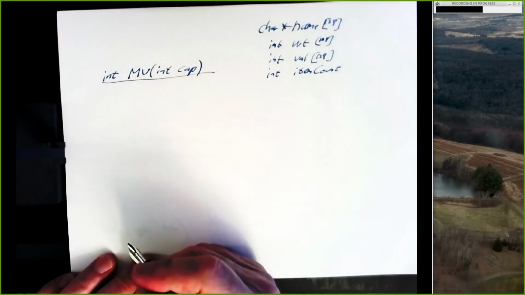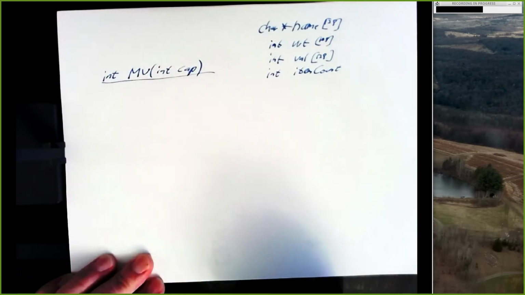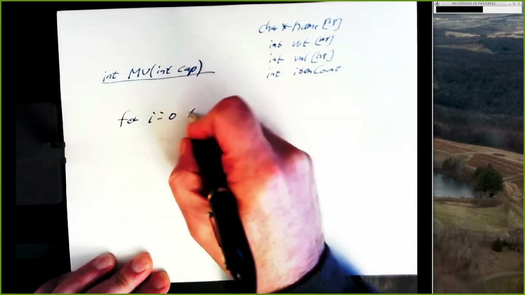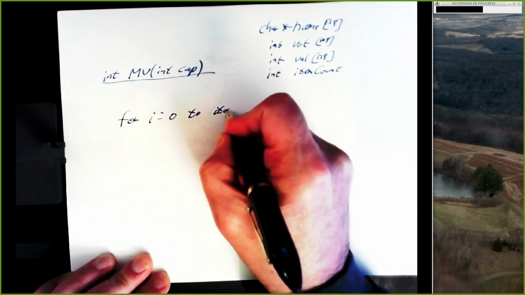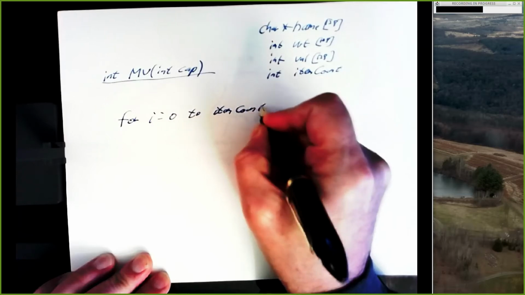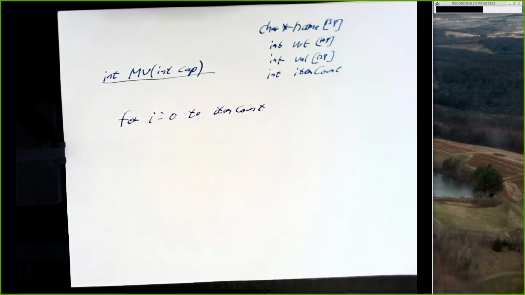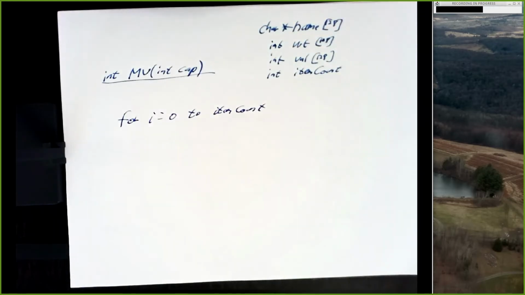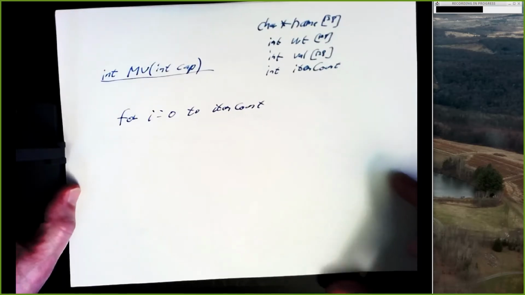All right. So how do we do this analysis? We're going to iterate over each of the items that we can consider. So item count says we've got 5 items we've read in from the flat file. So we have 5 items to consider.